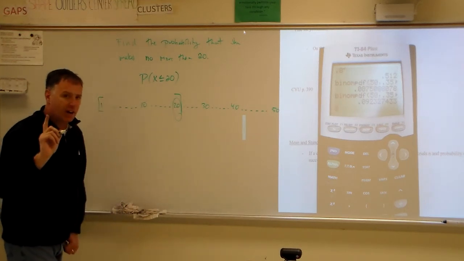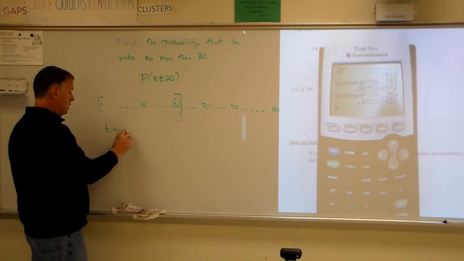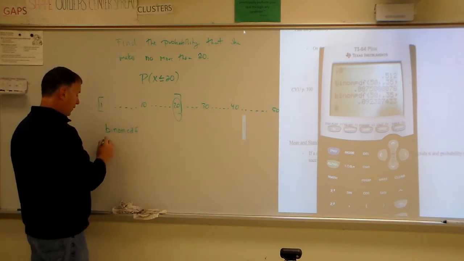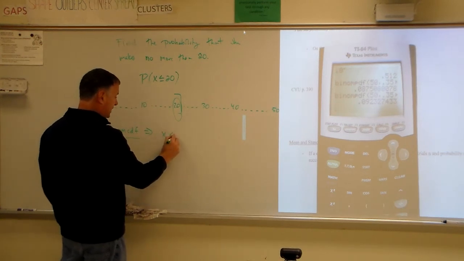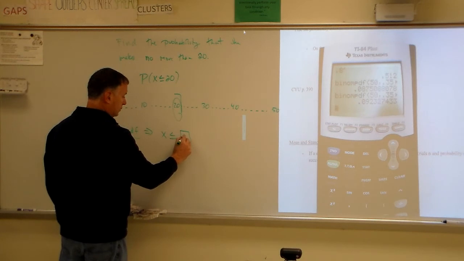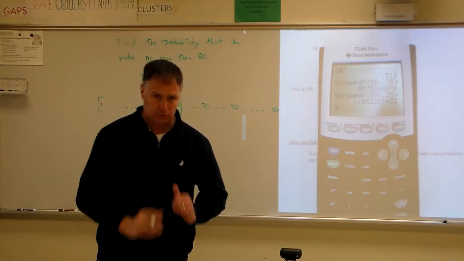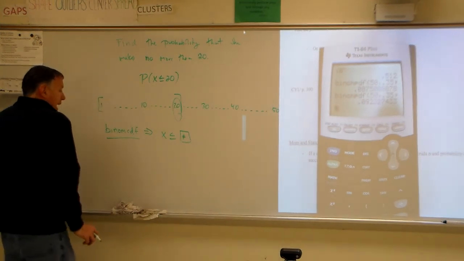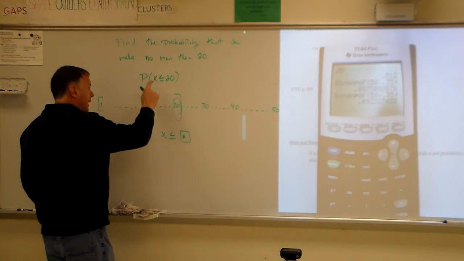So we are going to use the binom CDF. Binom CDF finds x is less than or equal to some number. That's what binom CDF is created for. It's not created for x is greater than or equal to 20. It's only less than or equal to 20.